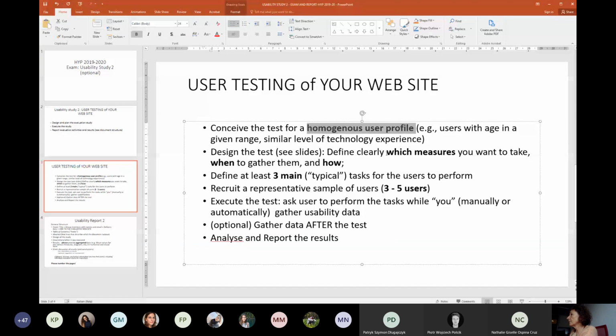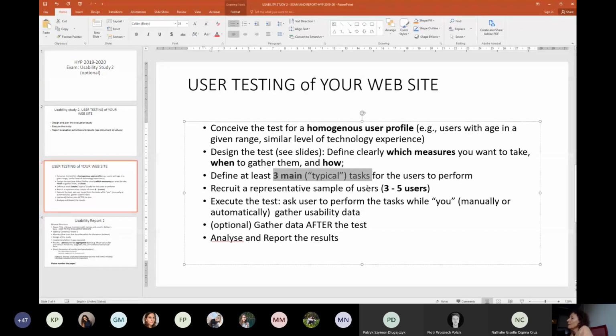Define which measure you want to take. We said a minimum of 3 tasks. Probably to evaluate your entire website, you need more. When I say minimum, it means don't run the test if you're not able to complete at least 3 tasks. If you make 5 tasks, you get more data and you get a better report.